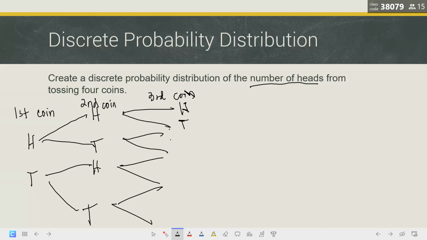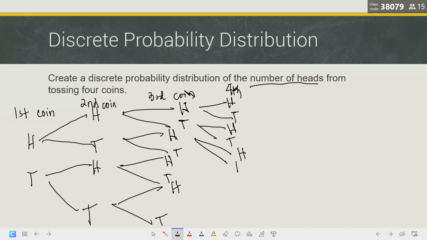Head, tail, head, tail, head, tail, head, tail. Sa fourth, ganun din. Head, tail, head, tail. Basta tag-isa yun sila class.